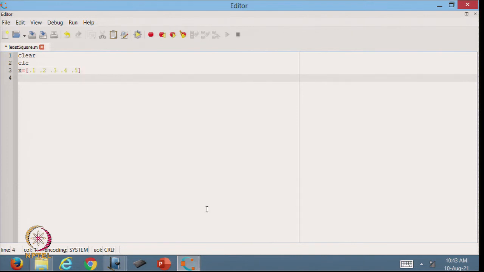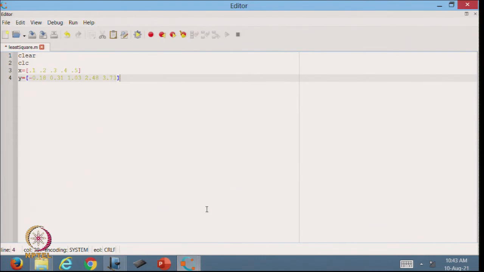Now, the y is given to us, that is minus 0.18, 0.31, 1.03, 2.48 and 3.73.